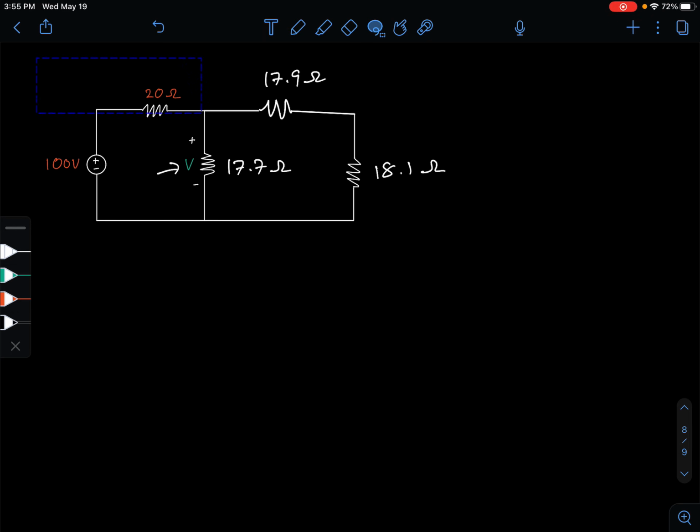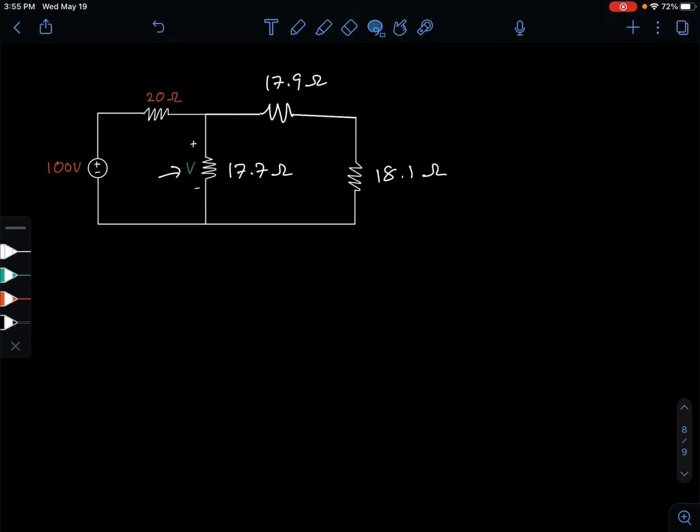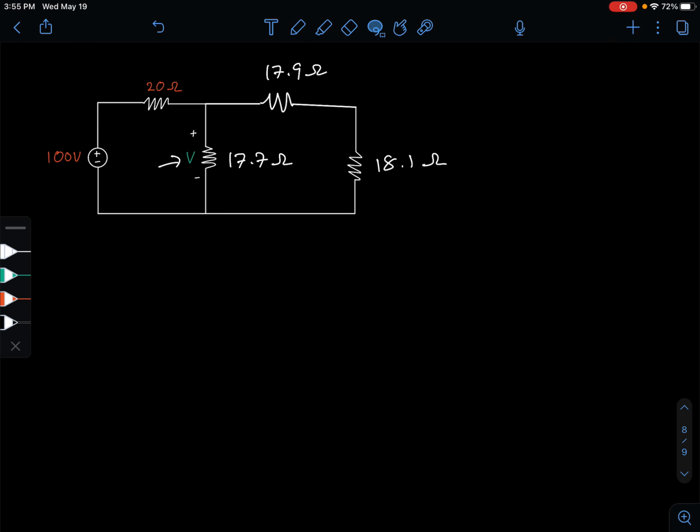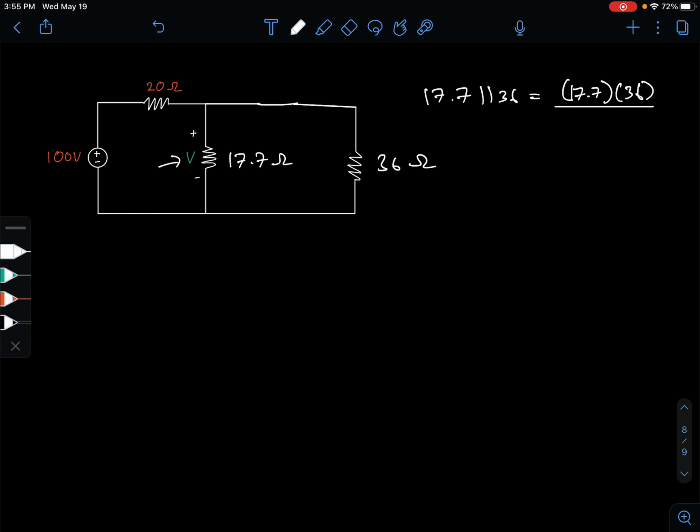So we can see that 17.9 and 18.1 are in series. So let's simplify that even further, because we can use our series resistor equations by simply adding these two together to find the equivalent representation. That turns out to be just about 36 ohms. Now we can use the fact that these two are in parallel again and simplify even further. So it's the product of 36 and 17.7 divided by the sum of 17.7 and 36.